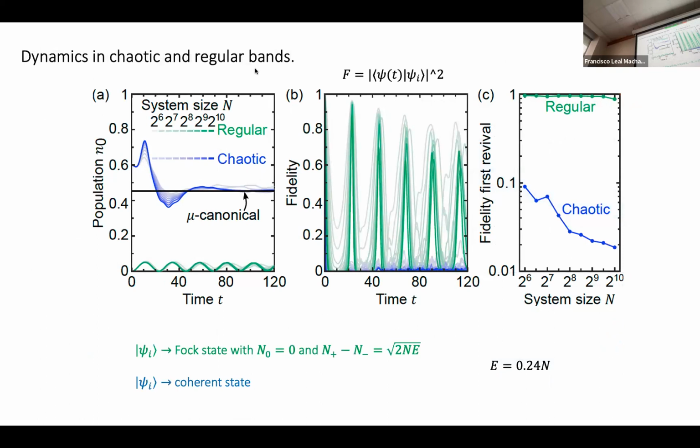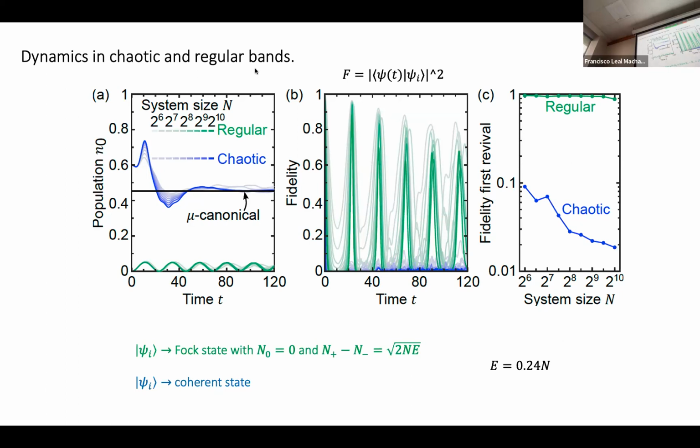Okay, now let's look at the dynamics. When we initiate the dynamics at a Fock state, which is a product state of this property here, we see that this kind of state actually overlaps with the regular band states. And in accordance with that, we see very robust, well-defined oscillations in the population, while the fidelity is almost perfectly reviving back.